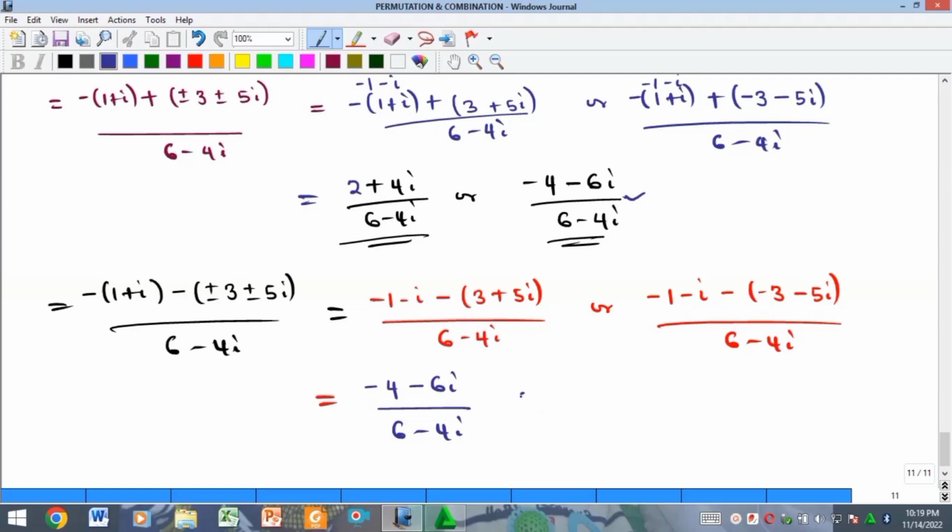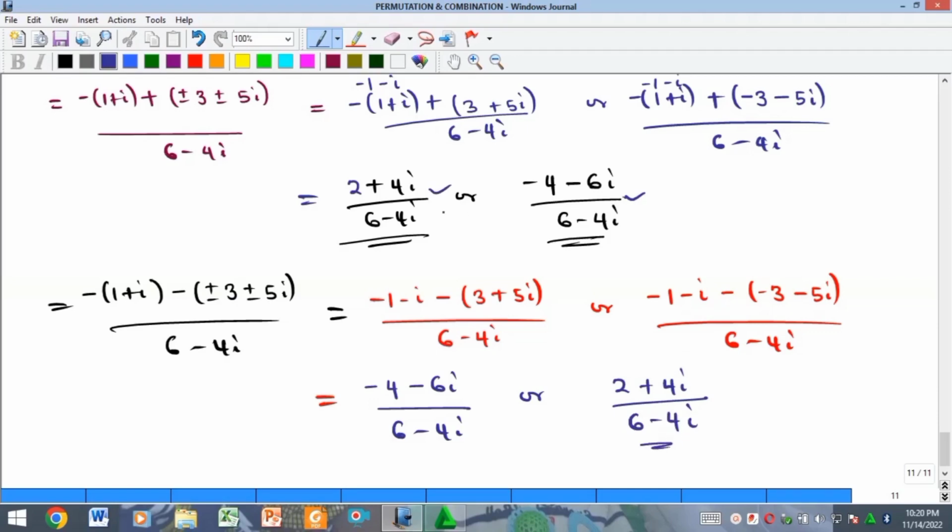Or minus 1 minus 3 is going to be, that's minus 1 plus 3, which is actually equal to 2. Then minus i minus 5i is going to be minus i plus 5i, which is going to be 4i. And that is all over 6 minus 4i, which is also exactly what we have here.